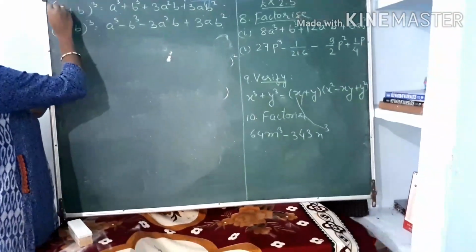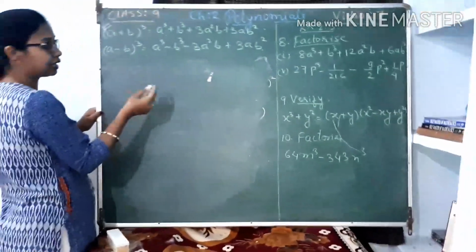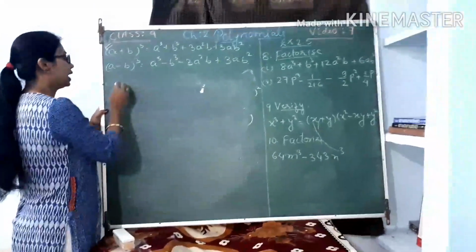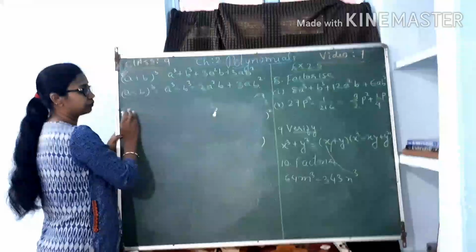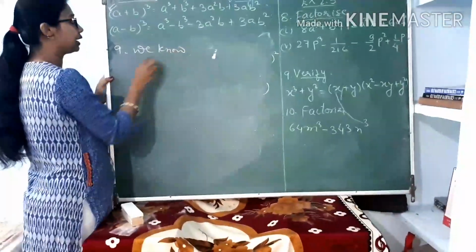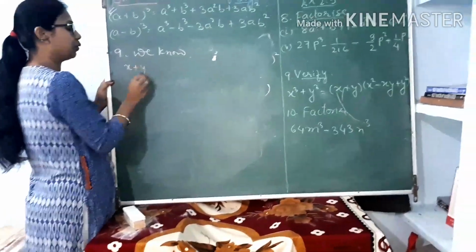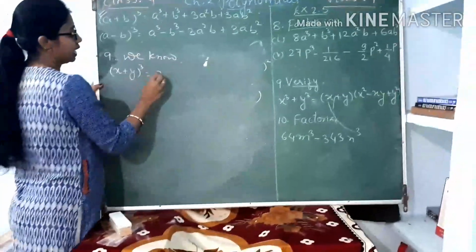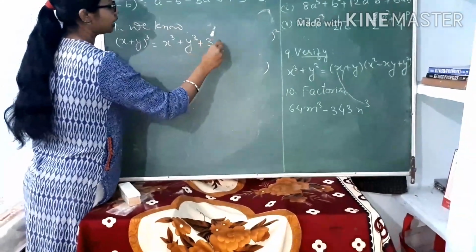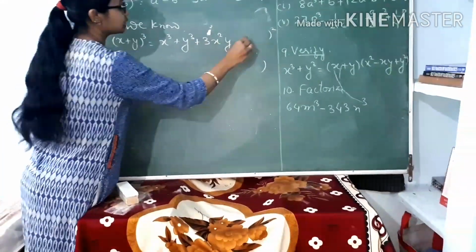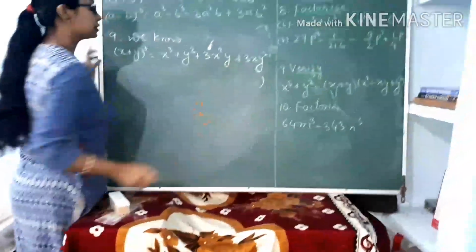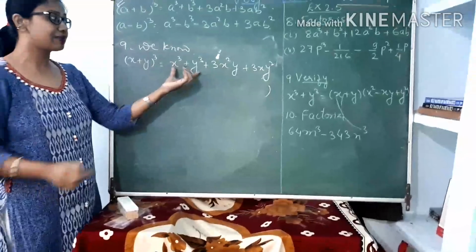So if we pick the first identity, in place of a you put x and in place of b you put y. We know the identity (x plus y) whole cube is x cube plus y cube plus 3x square y plus 3xy square, isn't it? But we need x cube plus y cube.